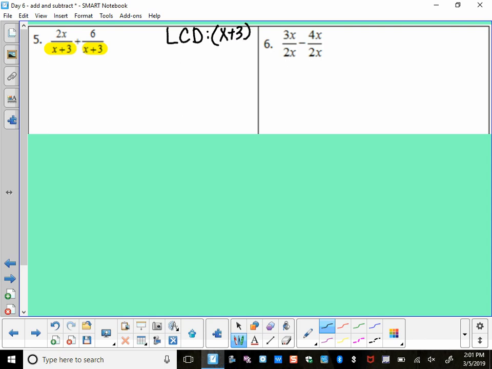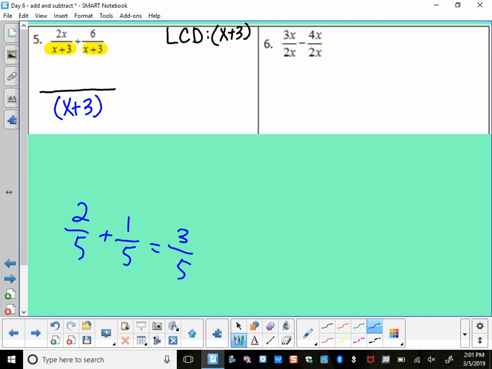X plus 3, right? My least common denominator is automatically going to be x plus 3. That's like if I give you guys 2/5 plus 1/5, you're going to automatically just add it straight across, right? And get 3/5. That's what we're doing here.